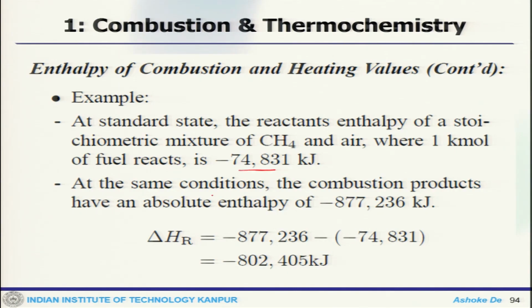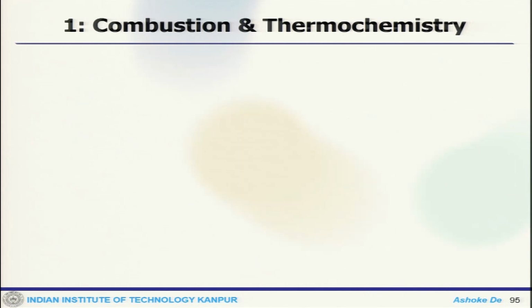At the same condition, the combustion products have an absolute enthalpy of this. So, you get the delta HR, or enthalpy of combustion, the enthalpy of reaction or combustion, whatever you call it, that is product absolute enthalpy minus reactant. This will be the amount that you get.